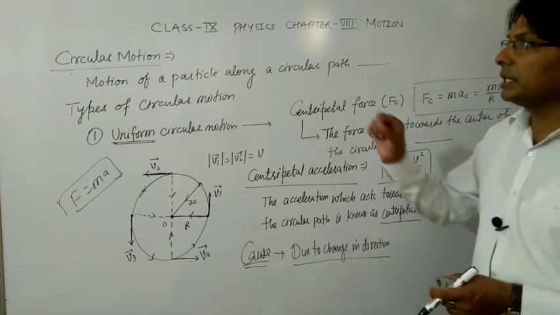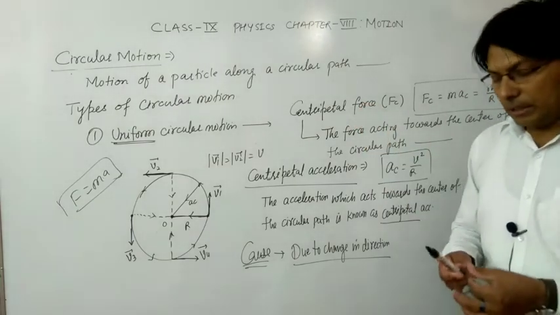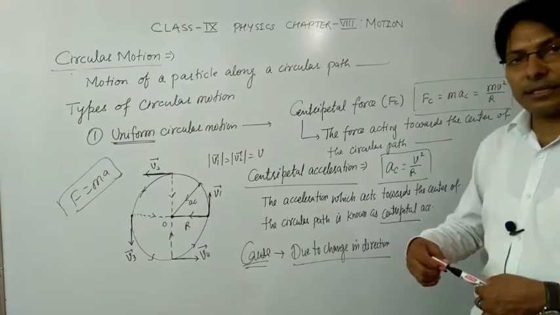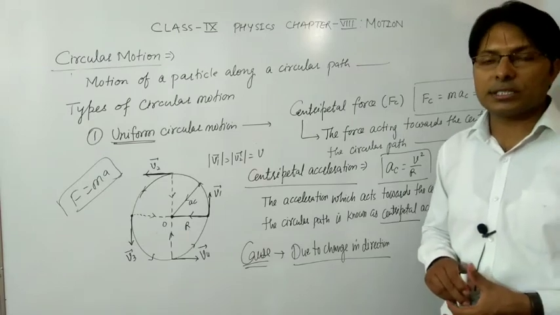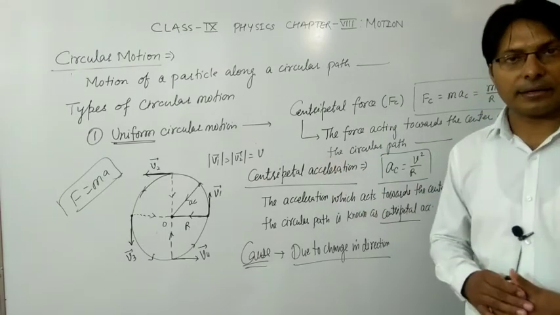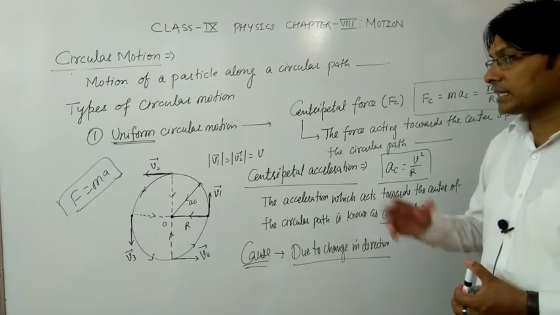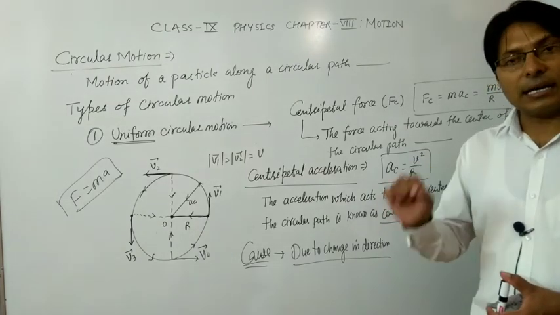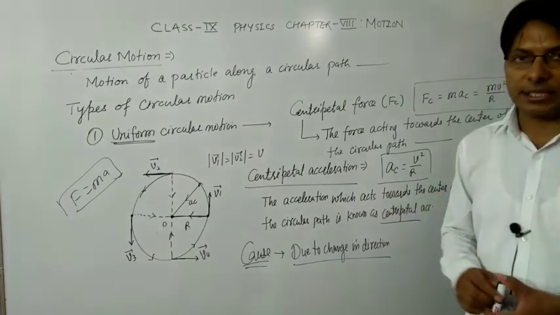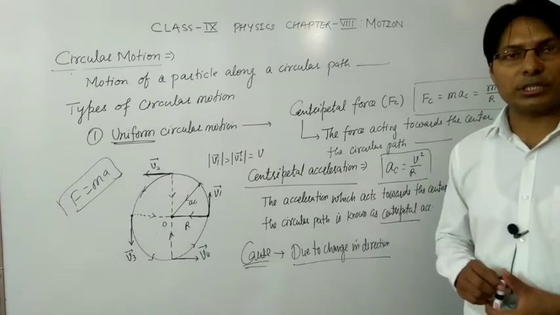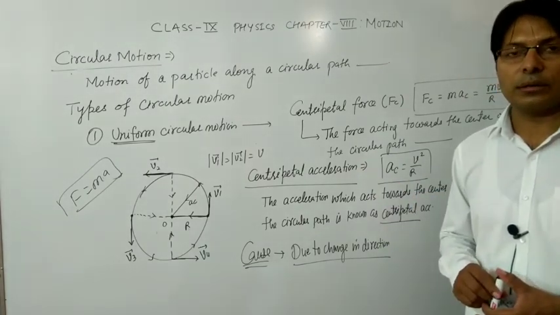So in uniform circular motion, the acceleration always acts towards the center, and this centripetal force, or we can say the centripetal acceleration, arises due to the change in direction. So these are the two important points you must keep in your mind.